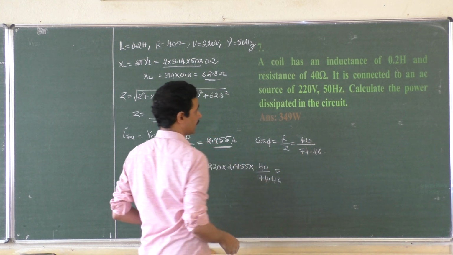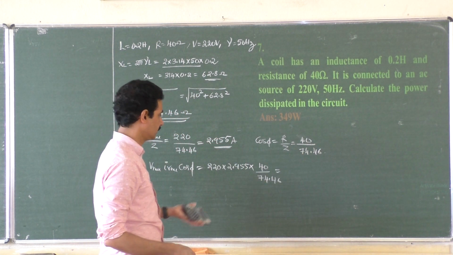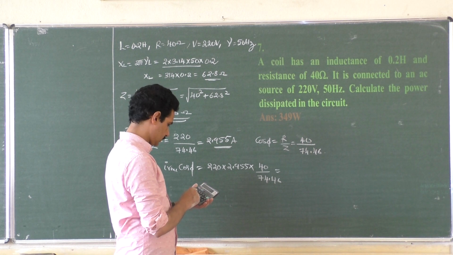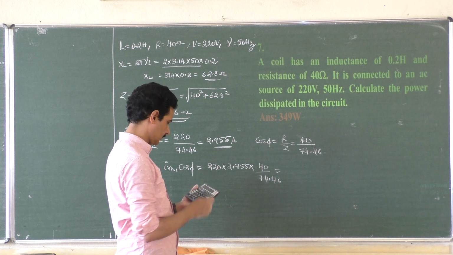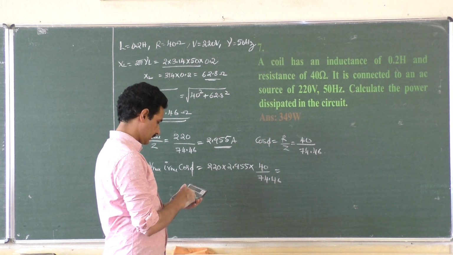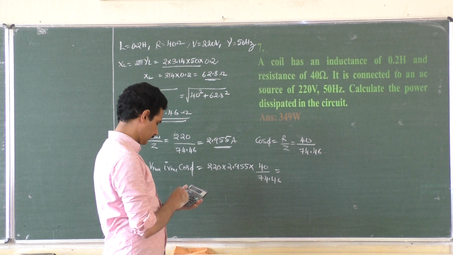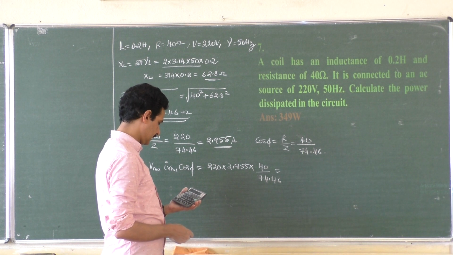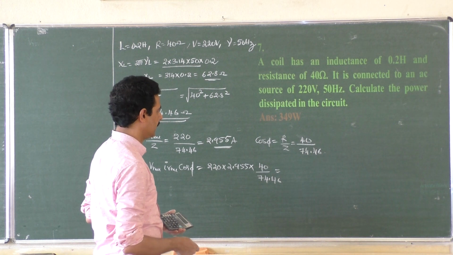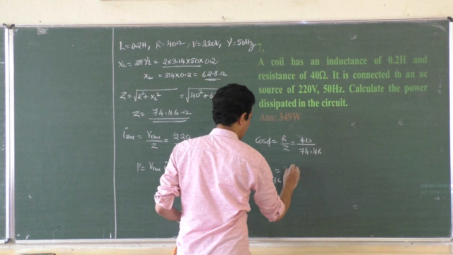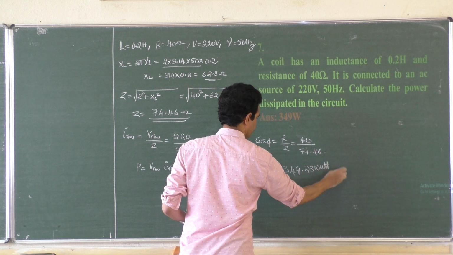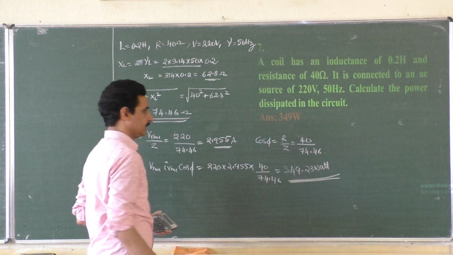Because they have not asked you to find the power factor separately, you need not worry. 220 into 2.955 into 40 divided by 74.46 is 349.23 watt. This is the power dissipated.